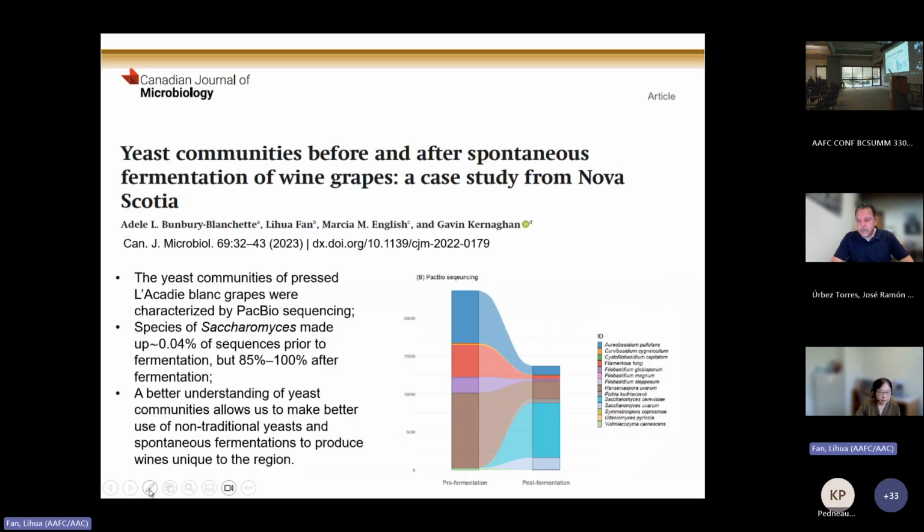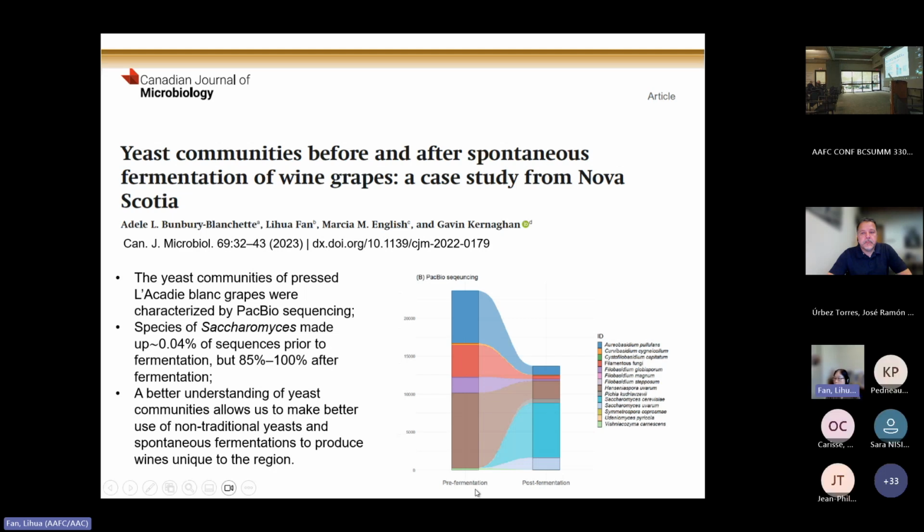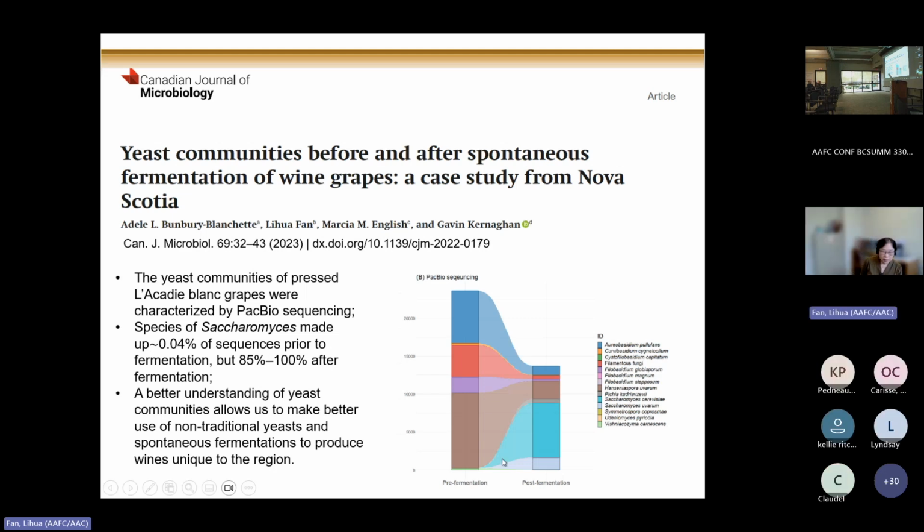A case study on yeast communities before and after spontaneous fermentation was conducted. This research has been published in the Canadian Journal of Microbiology. In this study, the yeast communities of Prise de Lacadie Blanc grapes were characterized by high-throughput sequencing. In this graph, the light blue part represents the Saccharomyces yeast.